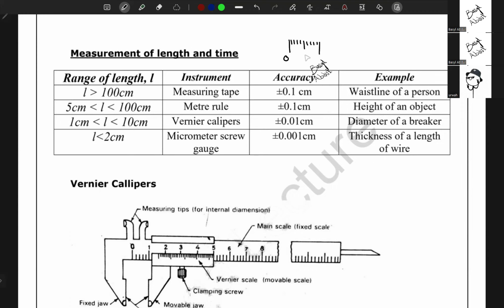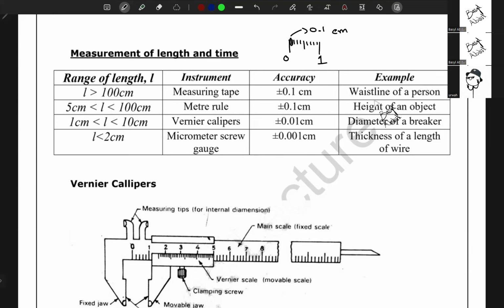Suppose this is your 1 centimeter. So the accuracy means the least value that I can measure, which is 0.1 centimeters, and then you have 0.2, 0.3, 0.4, and then this is 0.5. So is that clear? Yes, sir.